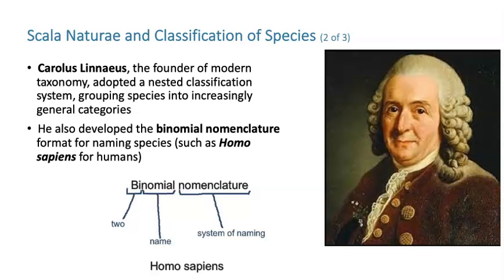It's a way of classifying and grouping species together into general categories, increasingly more similar categories. He also developed this idea of binomial nomenclature. If you break down this word binomial, it literally means two names, and nomenclature means system of naming. So a binomial nomenclature is a two-name system of naming things.